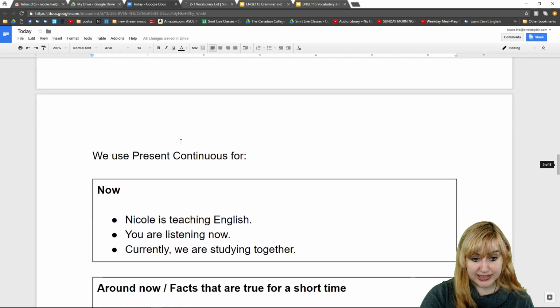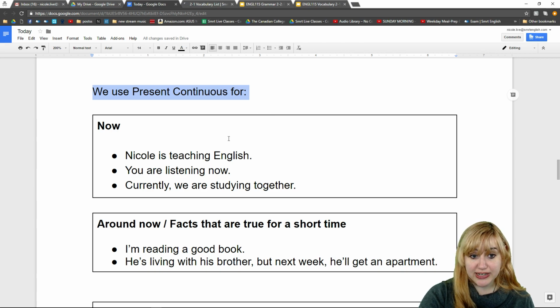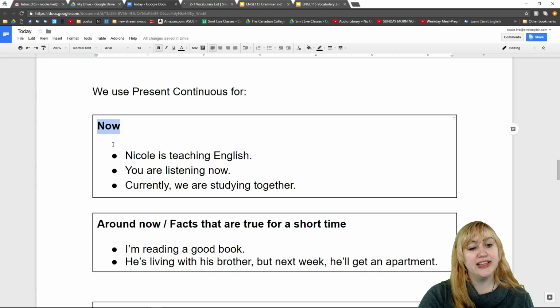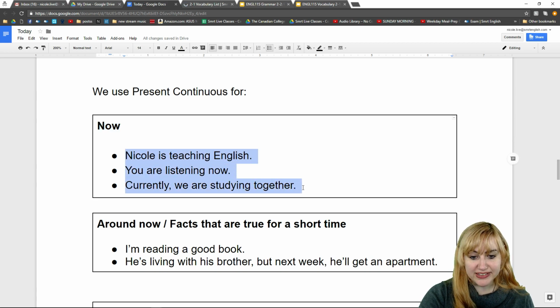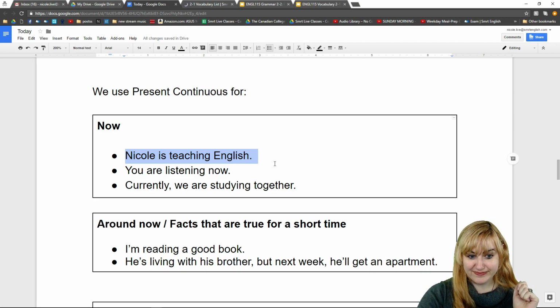So let me scroll down here. So to review, we use present continuous to talk about now. And I have a few examples. The first one says, Nicole is teaching English. So I'm talking about right now, this minute.